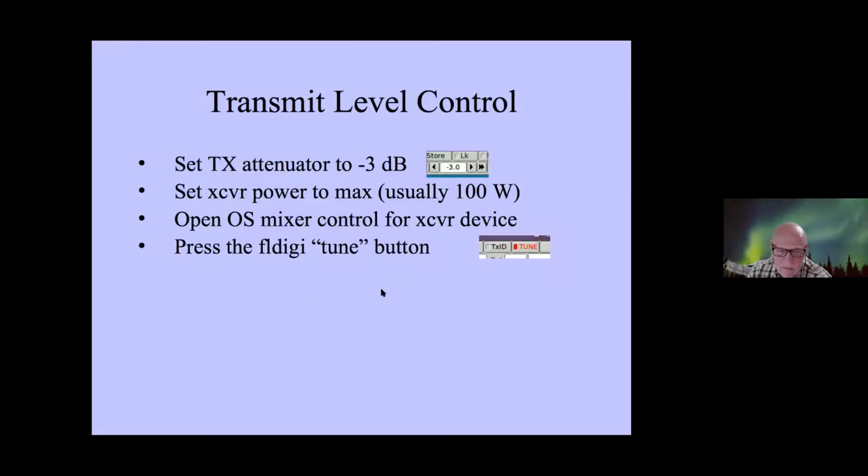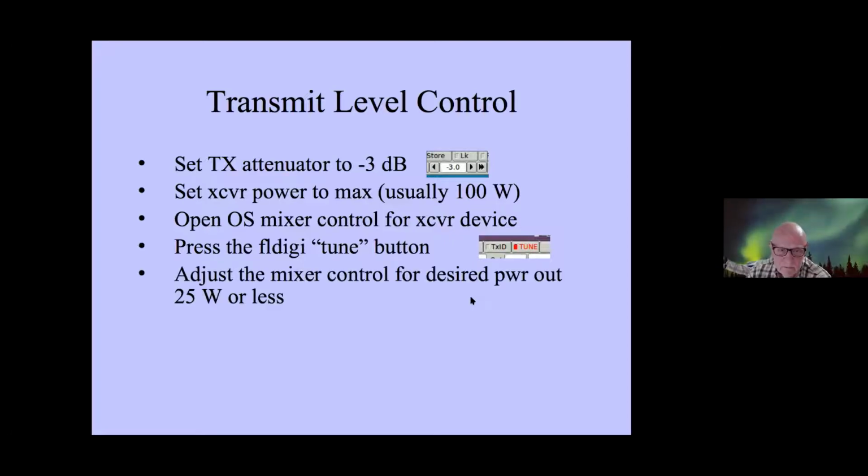Every mode that's developed by Fldigi has exactly the same peak-to-peak signal. That peak-to-peak signal will be the same as the tune signal, which is a sinusoid. So if you can adjust the tune signal for no ALC, that will guarantee that every other signal will function as it's supposed to and will never overdrive the transmitter.